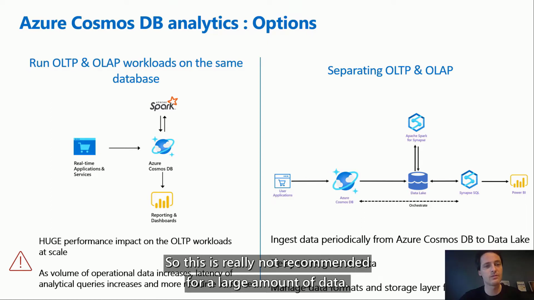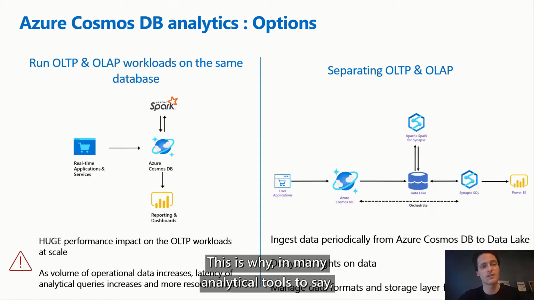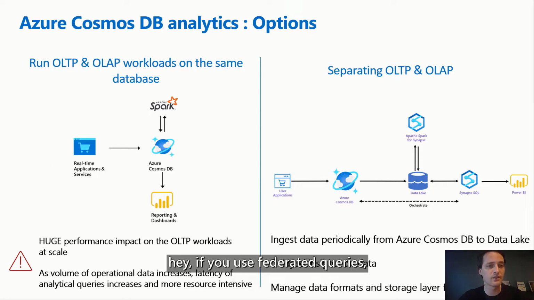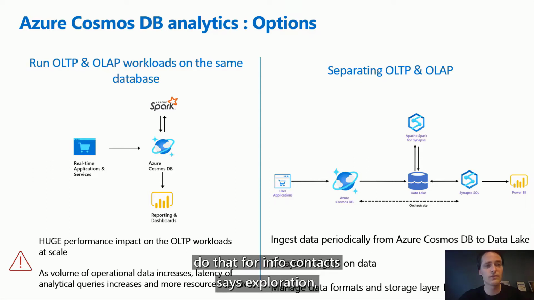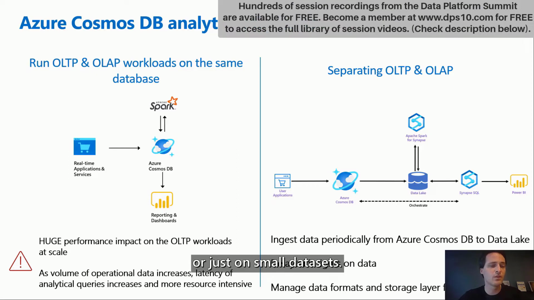So this is really not recommended for a large amount of data. This is why in many analytical tools they say, if you use federated queries, do that for infrequent access, exploration, or just on small data sets.